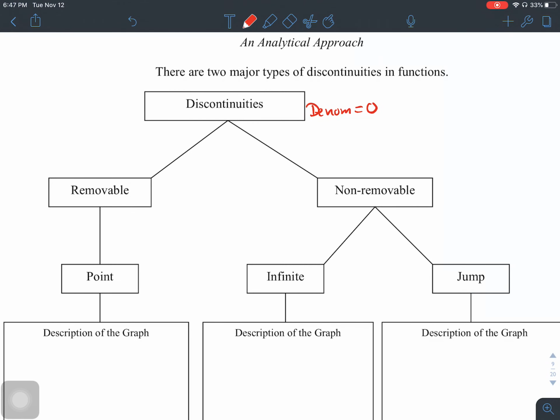Now, sometimes there is a factor in the denominator that cancels. And sometimes there's a factor in the denominator that does not cancel.